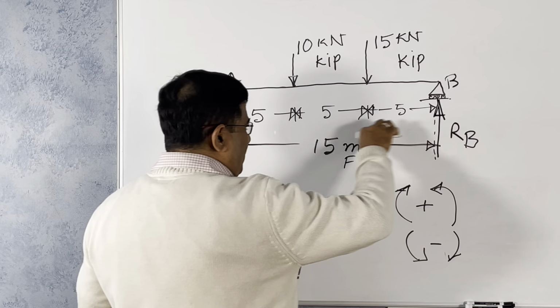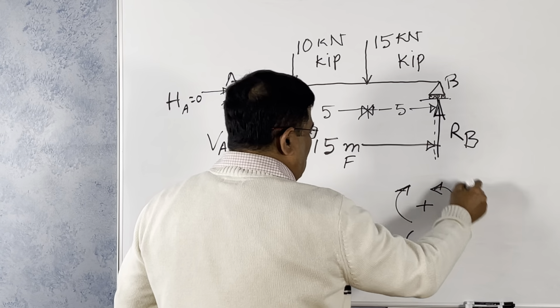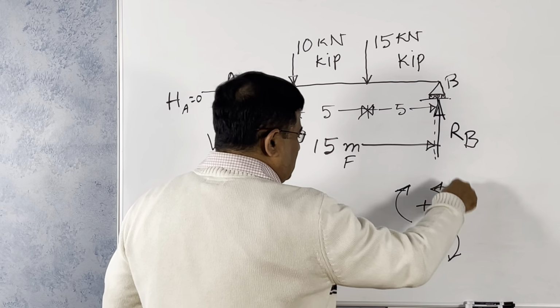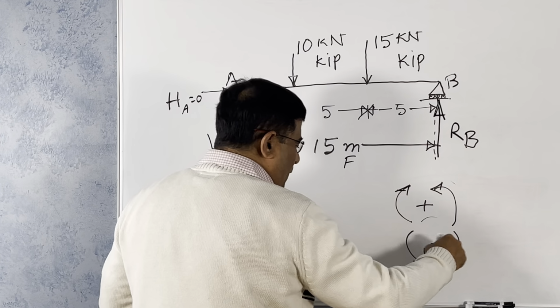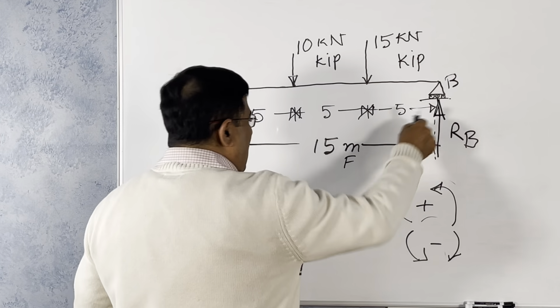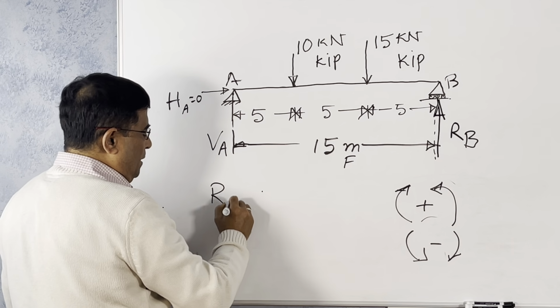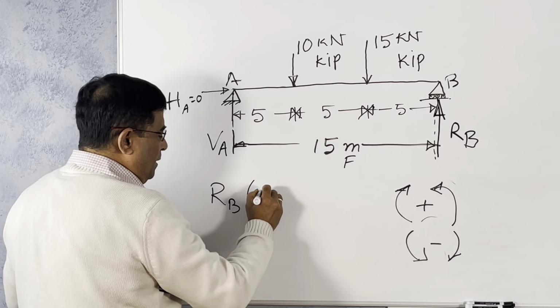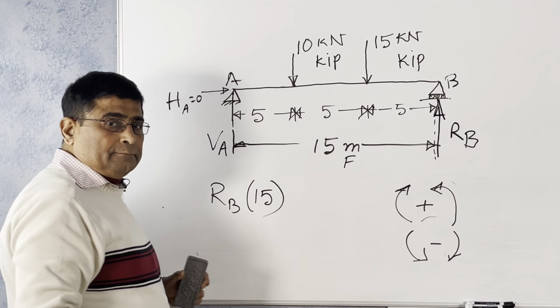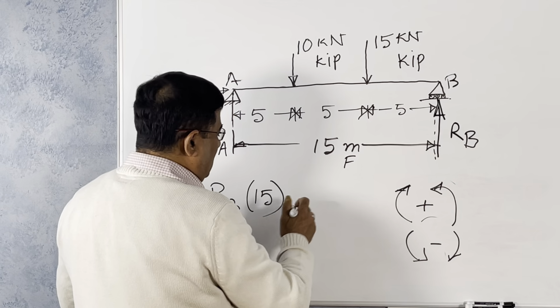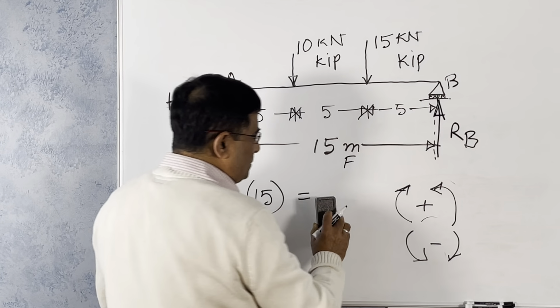If we consider from right, the anticlockwise moment is positive, clockwise moments are negative. So RB, take moment about this point, RB into 15, that is equal to, these are negative, so they are on opposite sides of the equation.